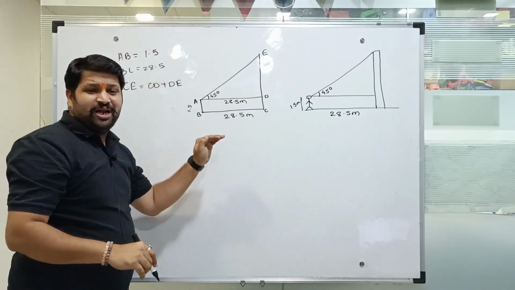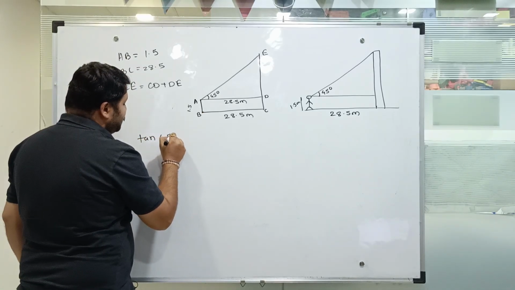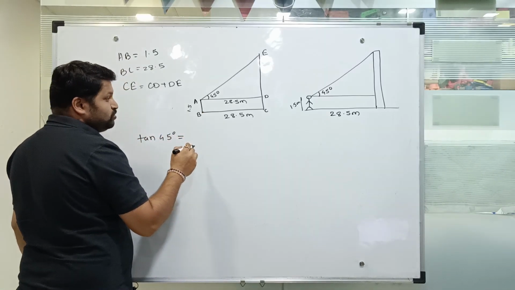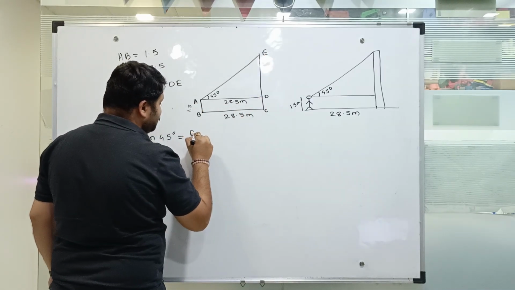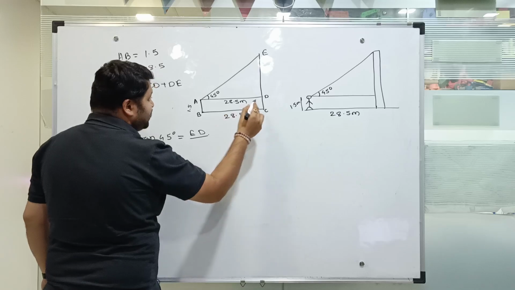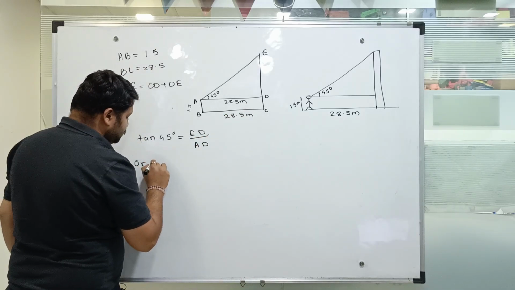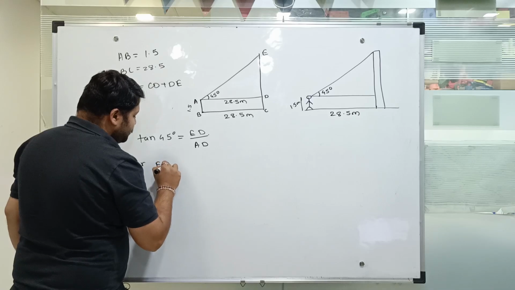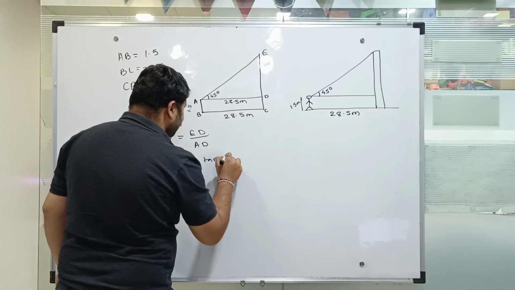So just by looking at the triangle, I can say that tan 45 degrees is equal to the opposite side, ED upon AD, or ED is equal to AD multiplied by tan 45 degrees.